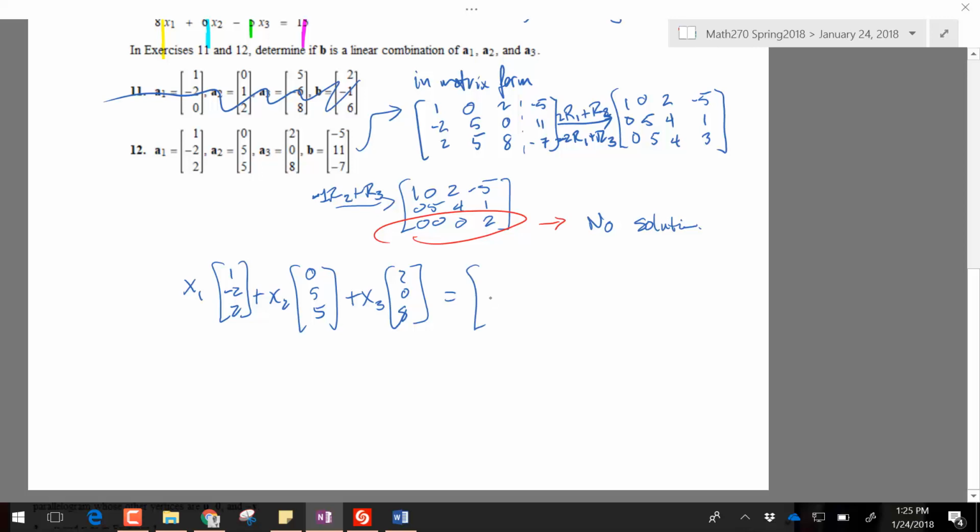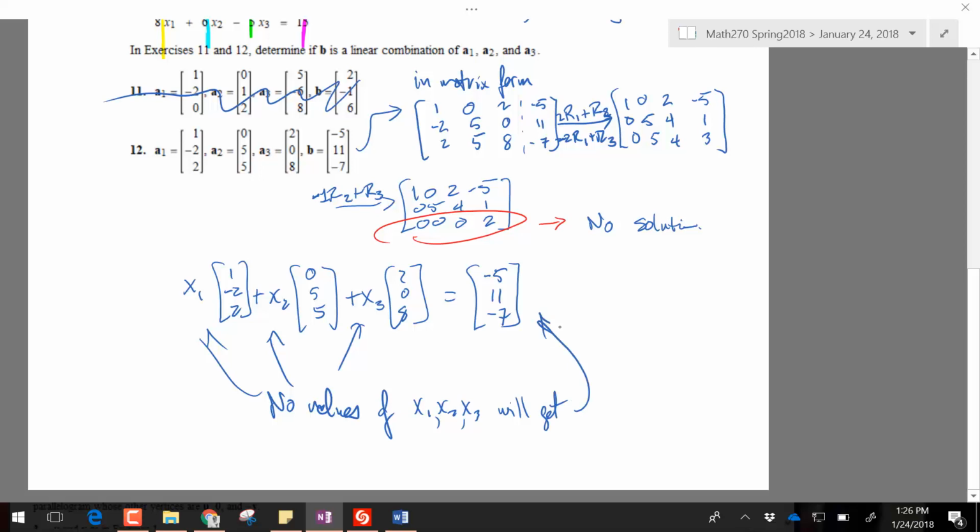And you can't find any values for x1, x2, and x3 to make this equal to minus 5, 11, and minus 7. So no values of x1, x2, and x3 will get your b vector. Okay.